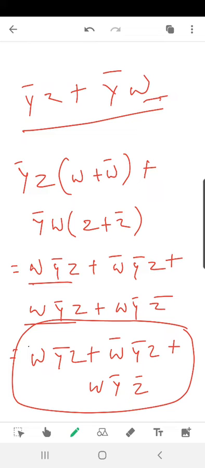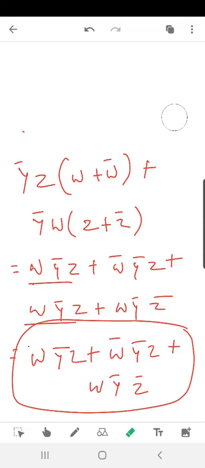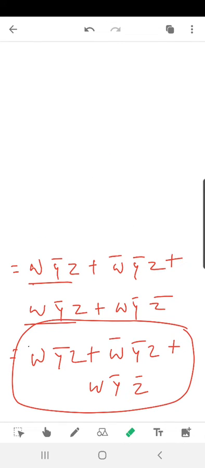I can write, we have three terms: w y bar z, then we have w bar y bar z, and then we have w y bar z bar.